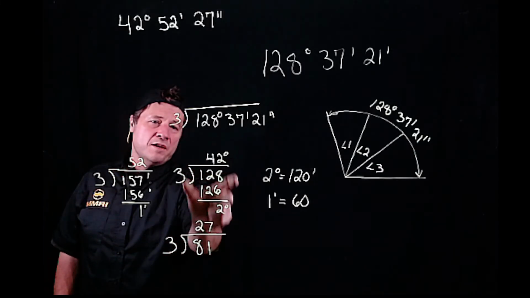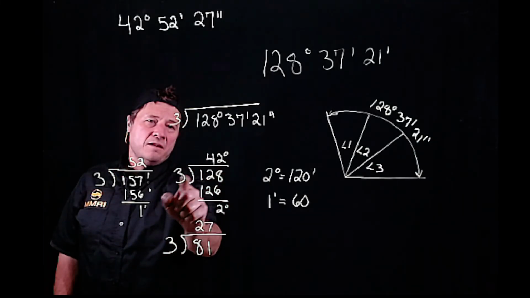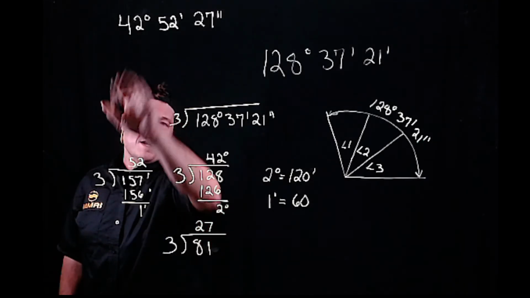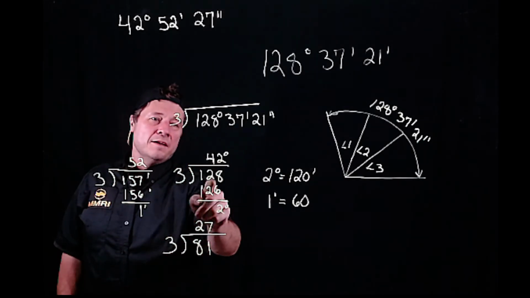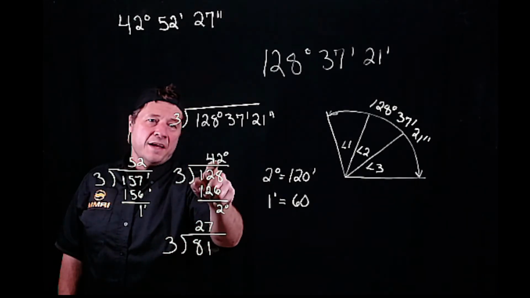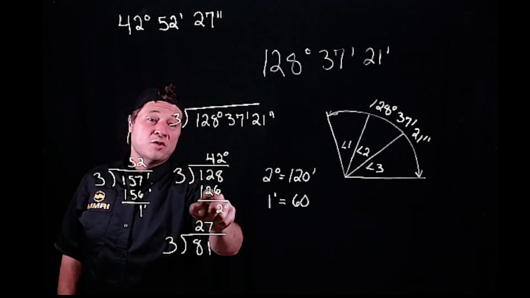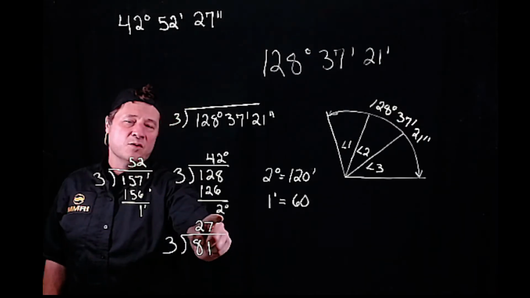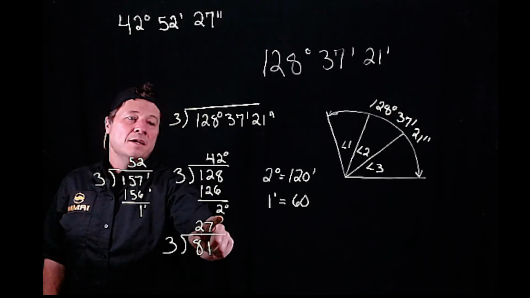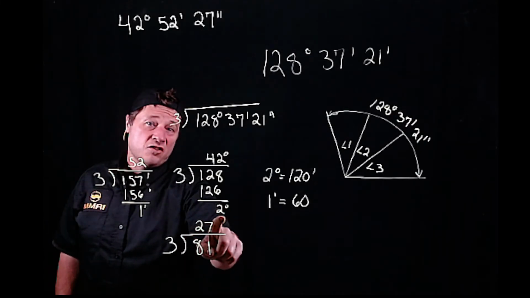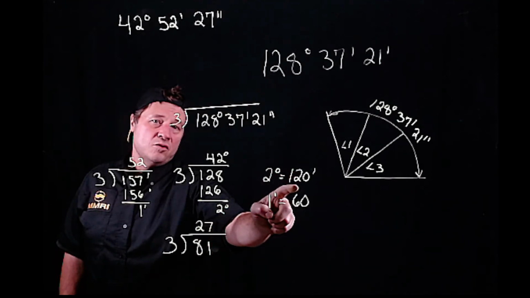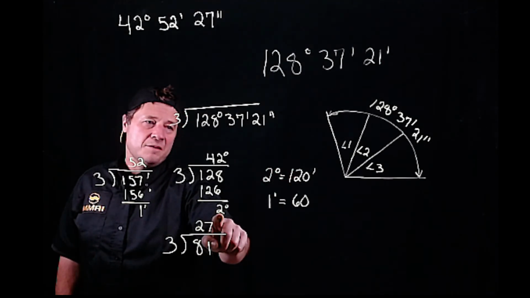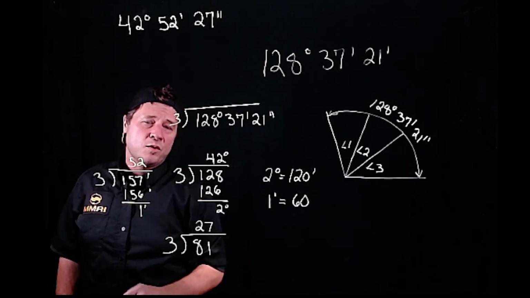So I solve the 128, divide by 3, gives me 42. It's my whole number. 42 times 3 is 126, so 128 minus 126 leaves me with a remainder of 2. I change that 2 degrees into minutes. Every degree is 60 minutes, so 2 degrees is 120 minutes.